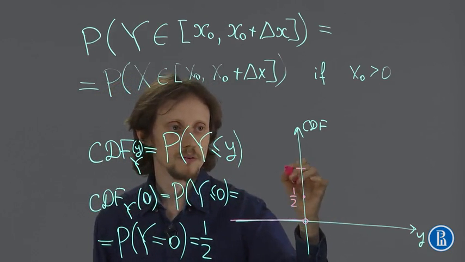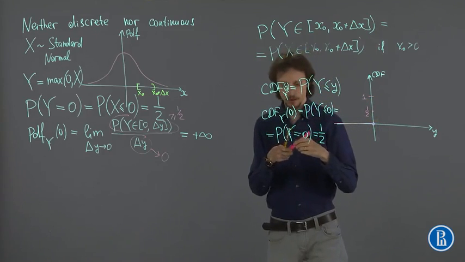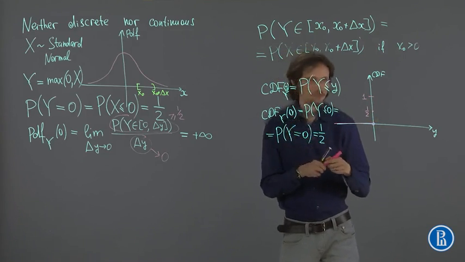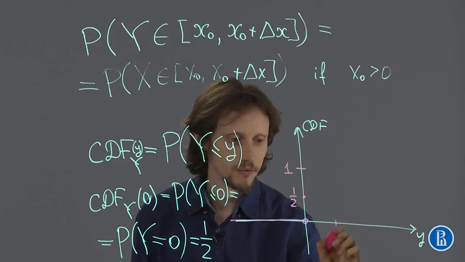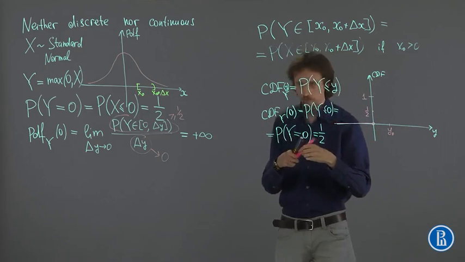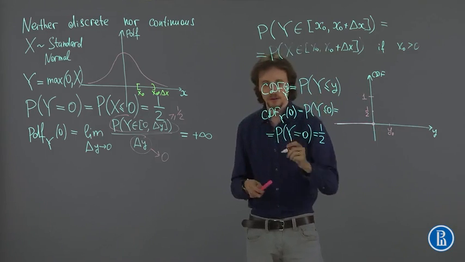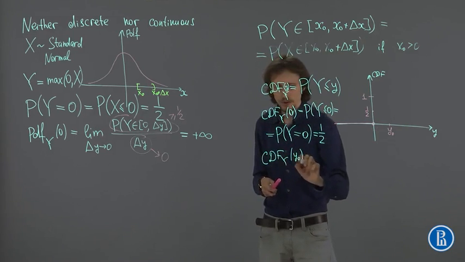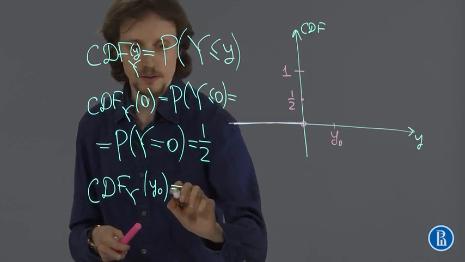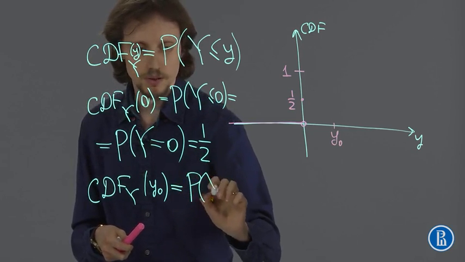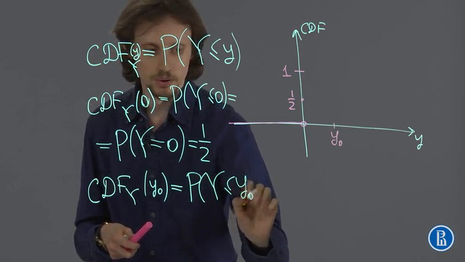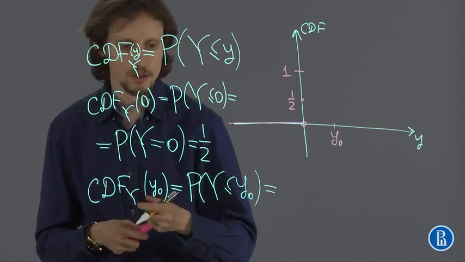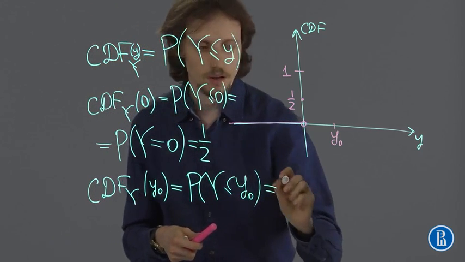After the jump, the probability can be calculated in the same way. For example, if we have some point y naught here, then CDF of y at point y naught is equal to the probability that y is less than or equal to y naught, and this probability can be split into two probabilities.